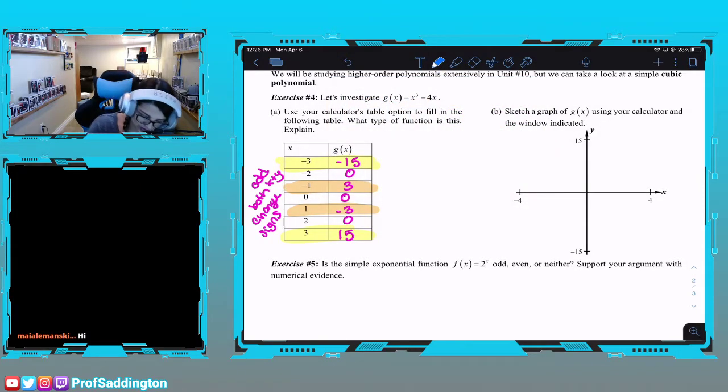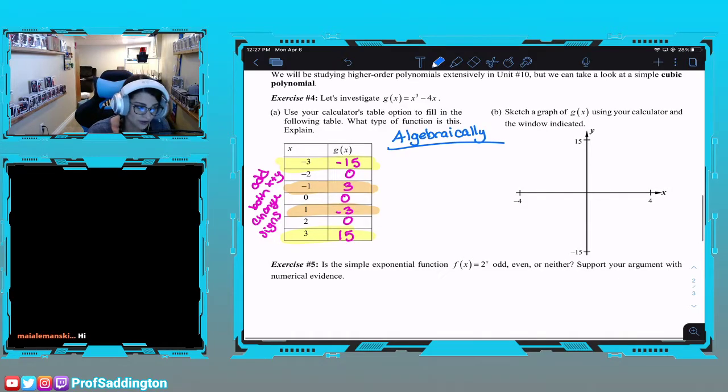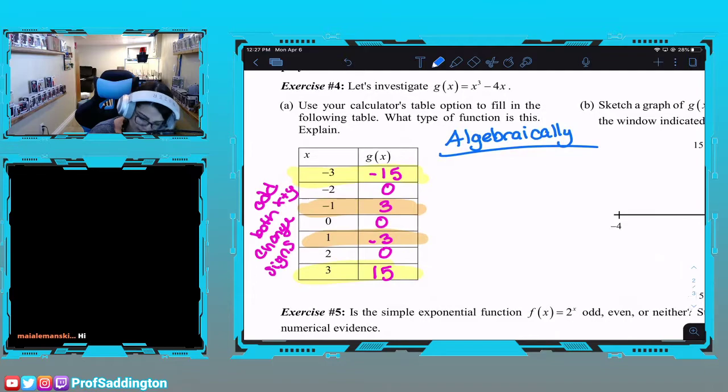If I want to show this algebraically, because, you know, why not show it algebraically? We are in Algebra 2. Let's plug in a -x and see what happens. So our original equation was x³ minus 4x. So if this is an odd function, we should get a final answer of -x³ plus 4x. Both of those should change. So let's see what happens.